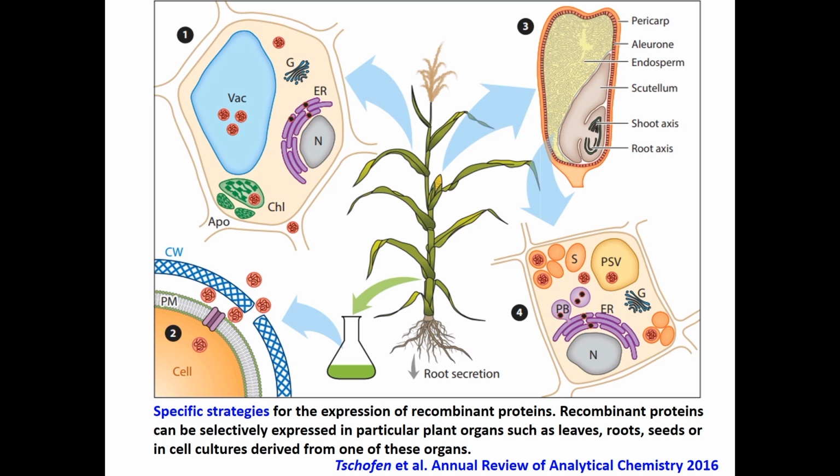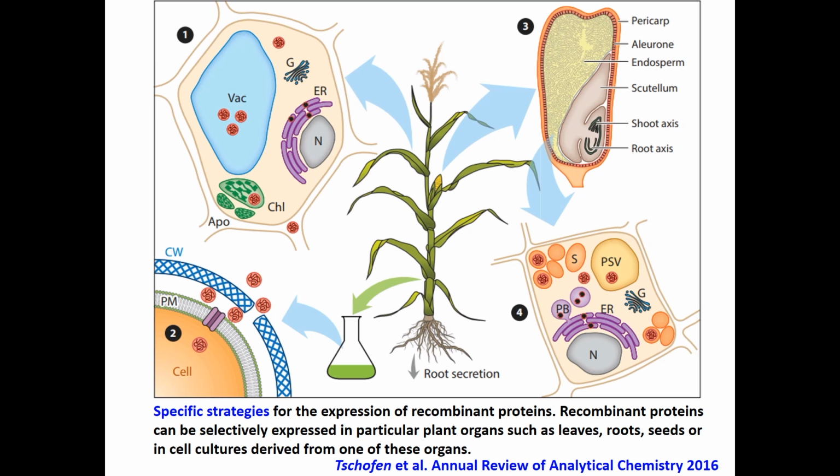It depends on the protein nature. We need to decide which part this protein needs to be targeted. So recombinant proteins can be selectively expressed in particular plant organs such as leaves, roots, seeds, or in cell cultures derived from one of these organs.